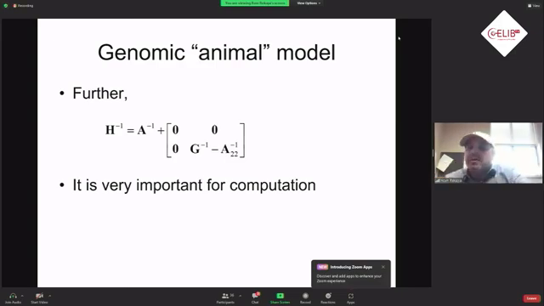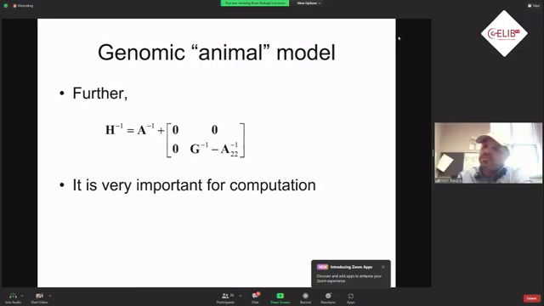A minus 1 is the whole matrix. It will have the 4 corners, right? Including A22 minus 1. So in A minus 1, we are accounting for the contribution of the pedigree to the relationship between the genotyped individuals. In that second matrix where we have the zeros and G minus 1 minus A22 minus 1, G minus 1 will account for the additive relationship due to the markers, but it has to be adjusted for the average relationship due to the pedigree that I already have in A minus 1, okay?